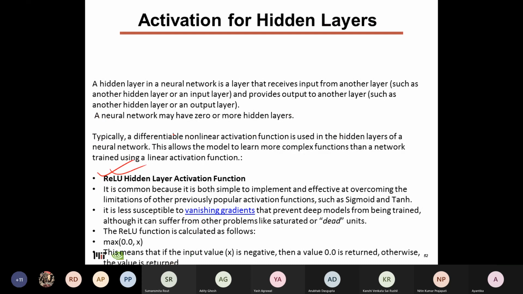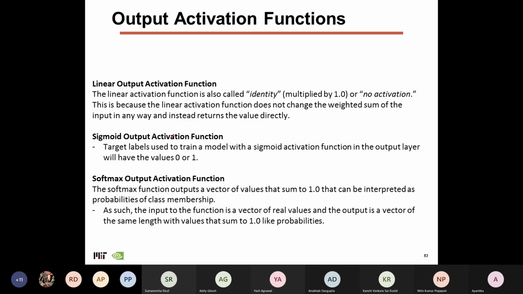For these two slides, you can skip as of now. We will discuss the back propagation part in detail, and then you yourself can understand why we are choosing ReLU over sigmoid in that case. So these are the options for output activation functions. In general, the linear output activation function is just adding some extra bias, nothing else. The sigmoid we already mentioned, and the softmax we will talk about later.